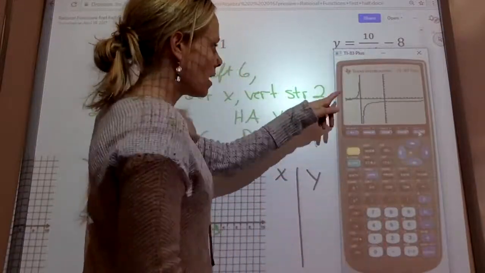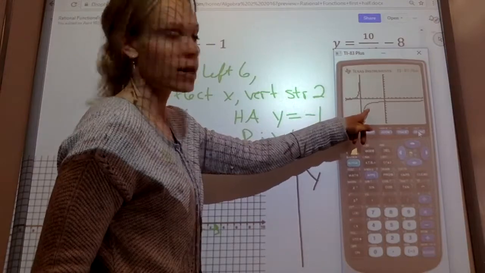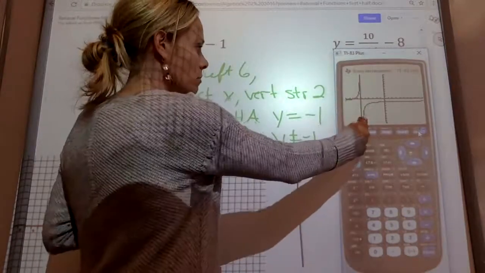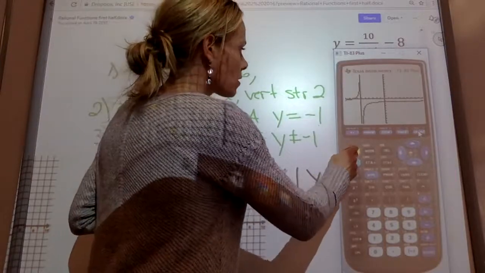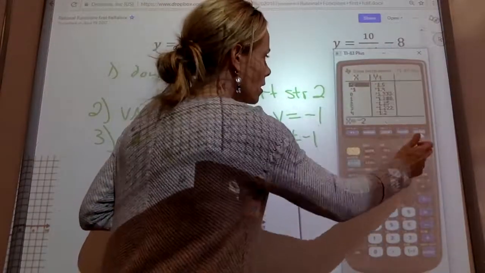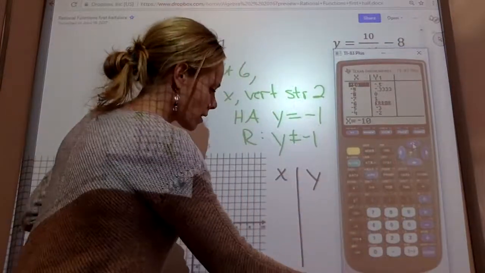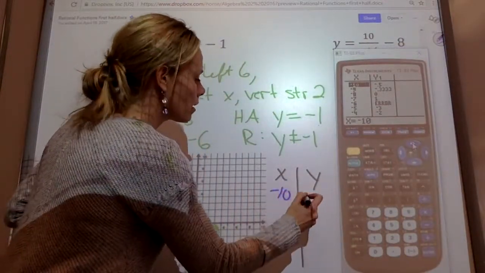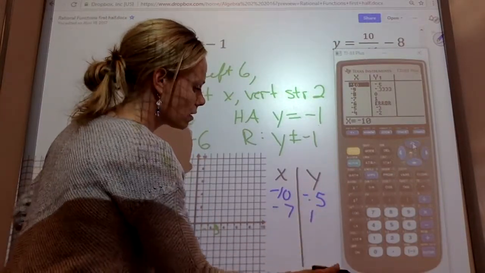Graph, see how I'm here on these two? It got flipped, okay? So that'll happen. And again, there's my vertical asymptote. It sketched it in there for me. So second graph, I'm going to have some negative x values. So I can do, let's see, -10, -0.5, -7.1.